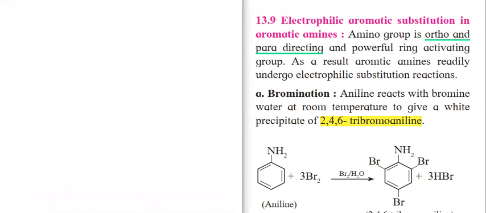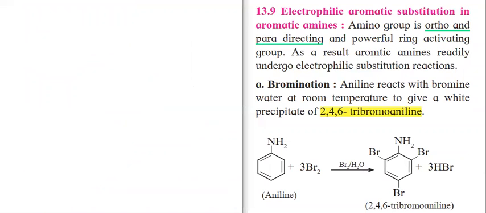Now we will see those reactions one by one. Keep in mind, the amino group is ortho and para directing and a powerful ring activating group, and as a result aromatic amines readily undergo these electrophilic substitution reactions.